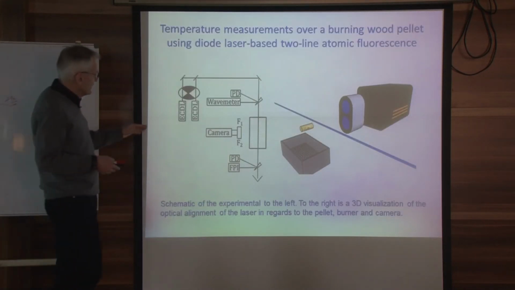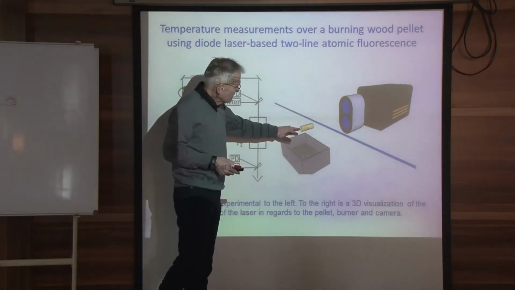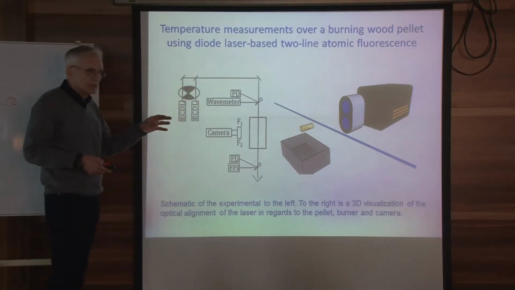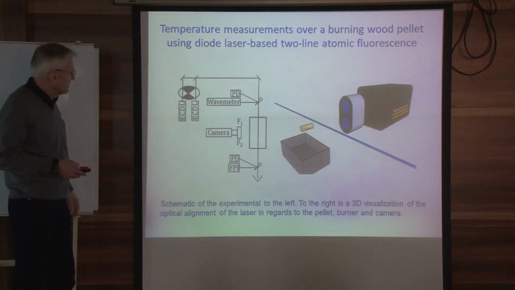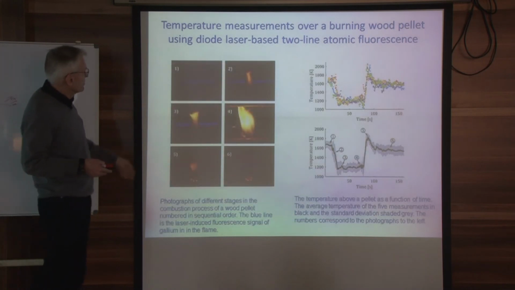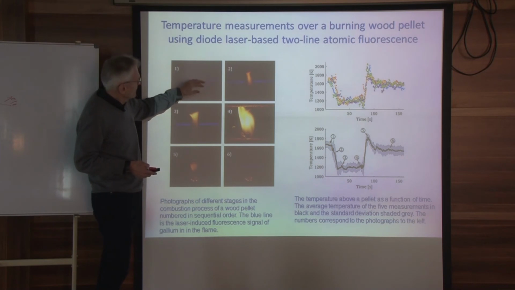Then we have also more recently looked into, if we put a small piece of wood, we want to measure the temperature above the burning particles. And we have used a similar technique as was used in the engine. So here is the burner without the wood particle.